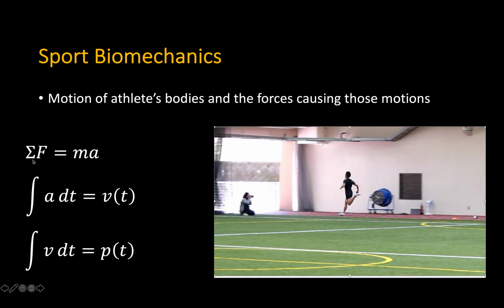So the more complicated task in sport biomechanics is, given the constraints of an athlete's body and capabilities, what's the best way to move to generate the forces that are optimal for moving the athlete's body in such a way that they maximize performance, such as in sprinting, maximizing average speed.